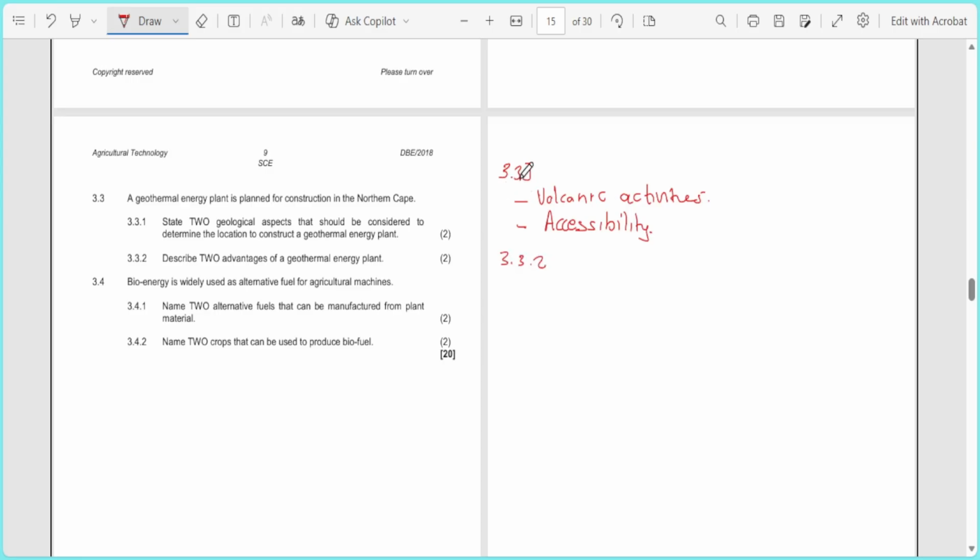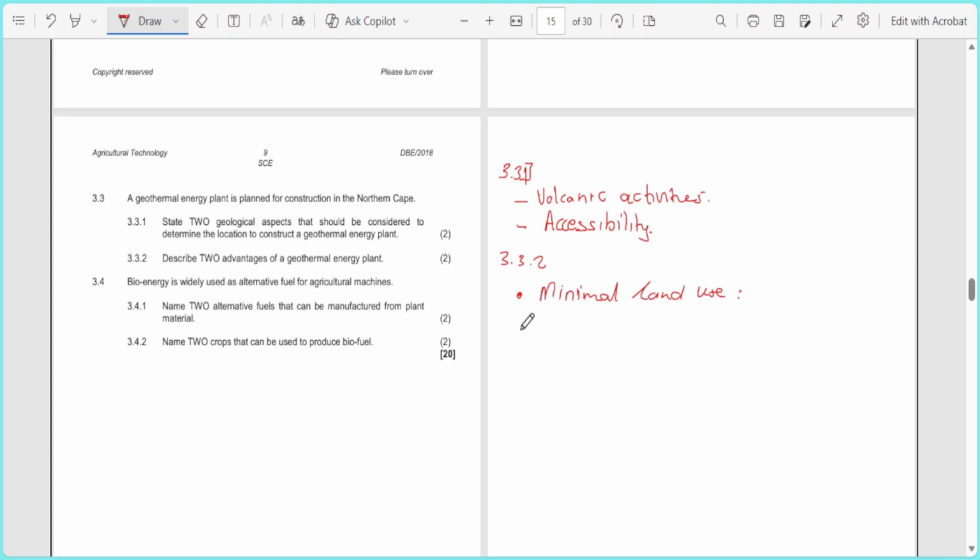3.3.2, this was 3.3.1. Describe two advantages of using a geothermal energy plant. Okay, so first of all, it has minimal land use. That's an advantage. It requires a small surface footprint compared to solar or wind farms.